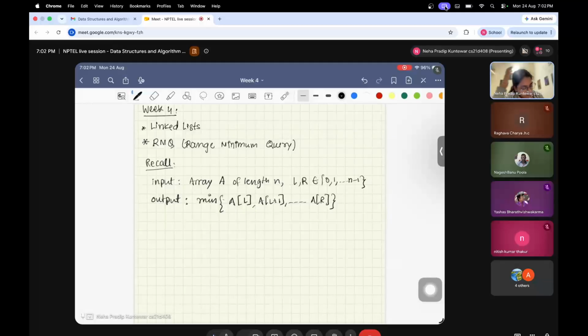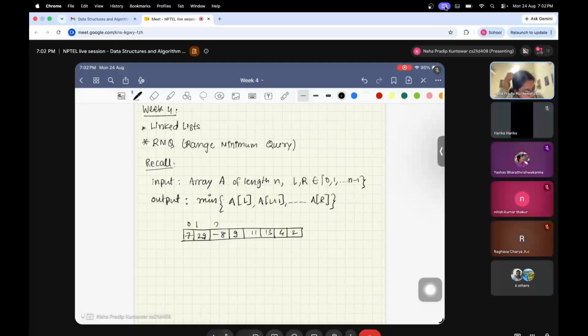So for example, if the input array that is given to you is, let's say, 7, 29, and so on, let me number these as well: 1, 2, 3, 4, 5, 6, 7.